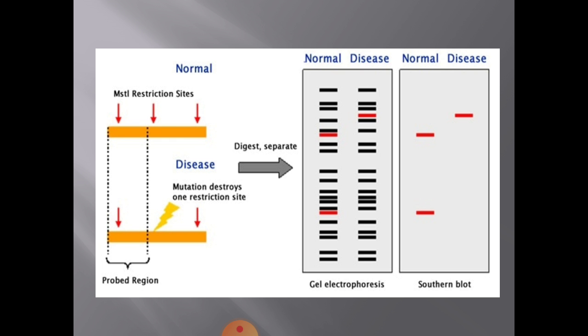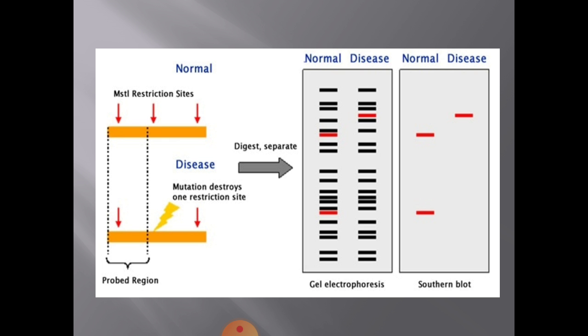So if you put them on agarose gel electrophoresis, you can see the band patterns of the normal and also the diseased person. You can make out that a few bands are missing in the diseased person, especially the band here.